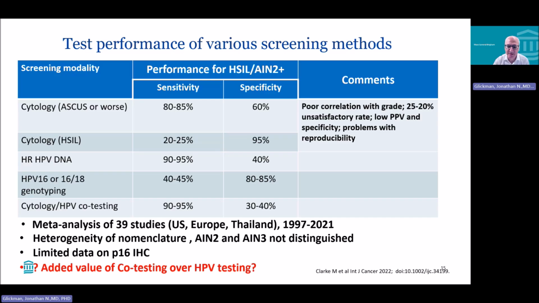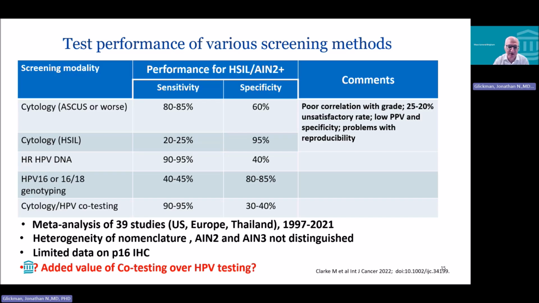Other factors involve a relatively poor correlation with AIN grade, or L-SIL versus H-SIL grade, a relatively high unsatisfactory rate in the cytology specimen, and a low positive predictive value, as well as the problems with reproducibility. If one looks at viral DNA testing alone, that is quite sensitive, but relatively low specificity.